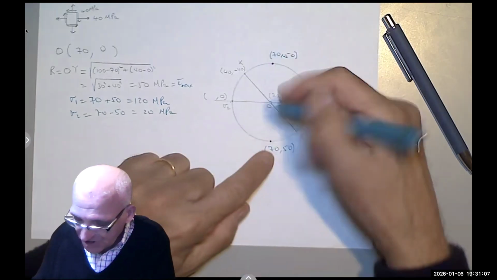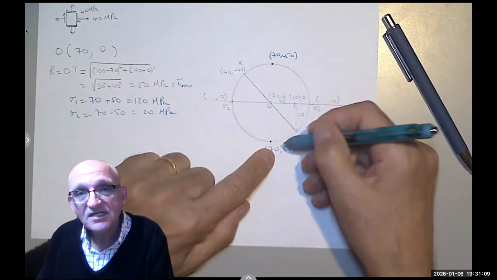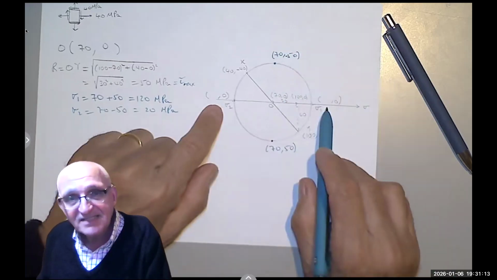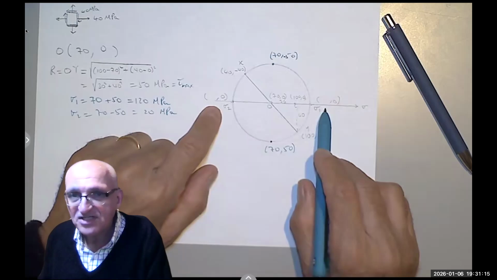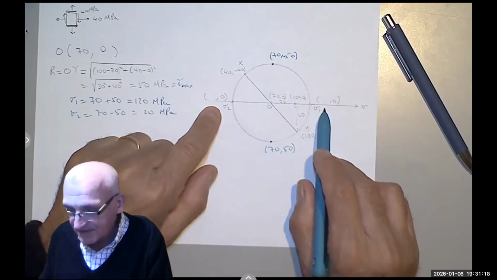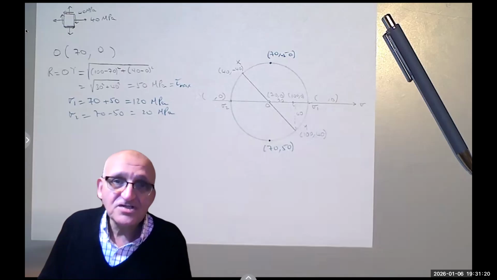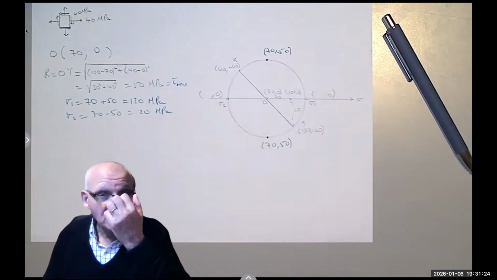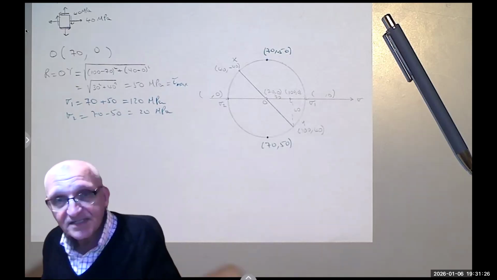Notice that the maximum shear stress has normal stress with it, the 70. But the maximum and minimum normal stresses don't have any shear along with them. And they are 45 degrees apart. Notice it's 90 degrees in the Mohr circle, and we said in the Mohr circle, we get twice the angle.